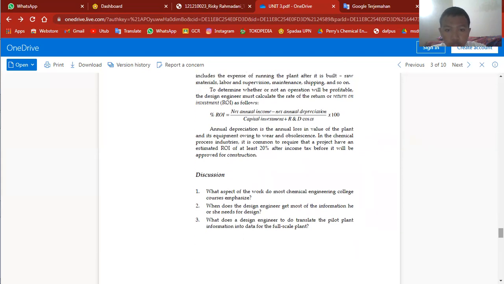Annual depreciation is the annual loss in value of the plant and its equipment owing to wear and obsolescence. In the chemical process industries, it is common to require that a project have an estimated ROI of at least 20% after income tax before it will be approved for construction.